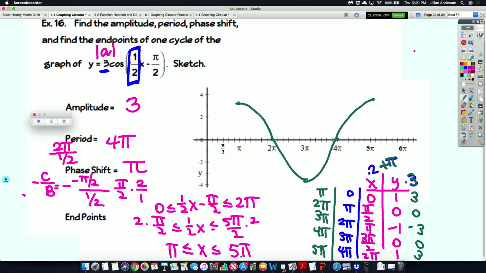And voila. That's how you apply all the transformations, multiple ones at one time.